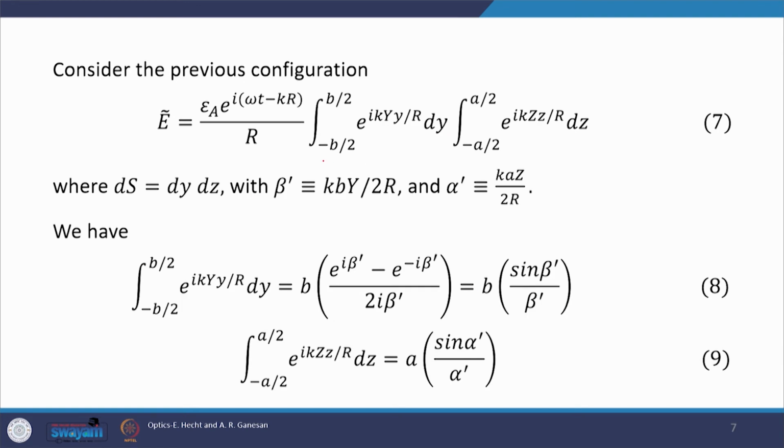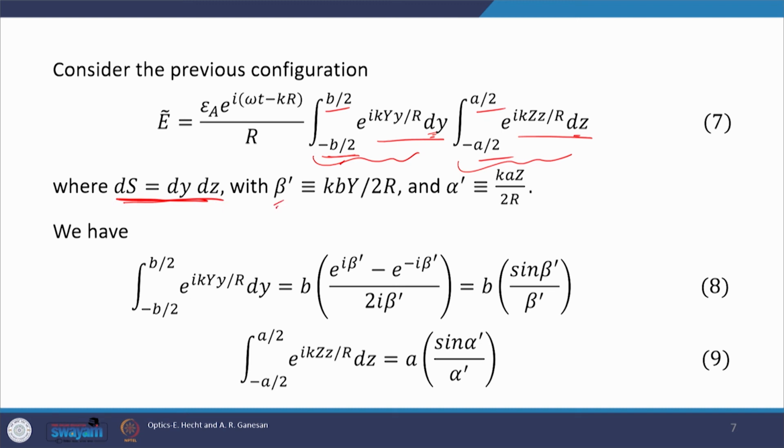Since we are integrating over the aperture, and the aperture in our case is rectangular, we can safely separate the y and z dependent terms. The aperture in the y direction is b long, therefore the limit of integration will vary from minus b by 2 to plus b by 2, and integration in the z direction will vary from minus a by 2 to plus a by 2. Now we can separately integrate these two integrals, and ds is replaced with dy into dz, which is nothing but the elemental area element.